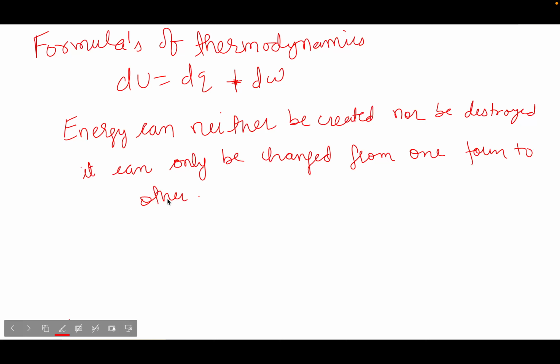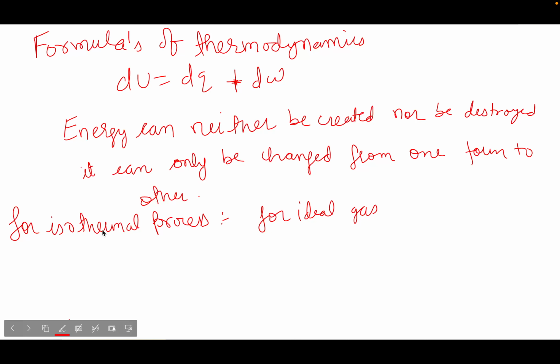And there are a few types of processes that we study mainly, like the isothermal process. For the isothermal process and for ideal gas, delta T is equal to 0, and when temperature is not changing, internal energy is also not changing.